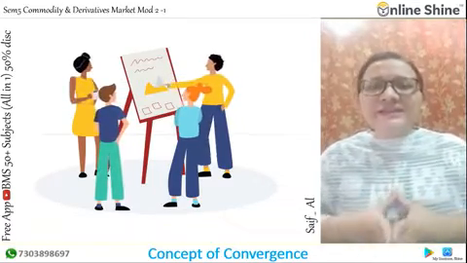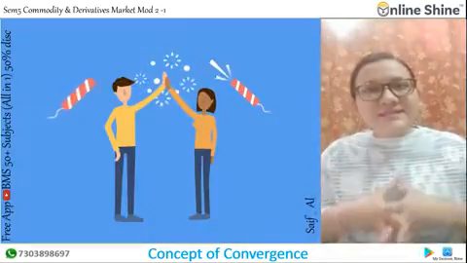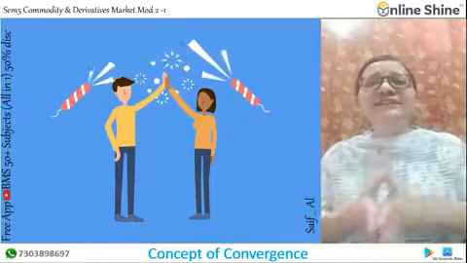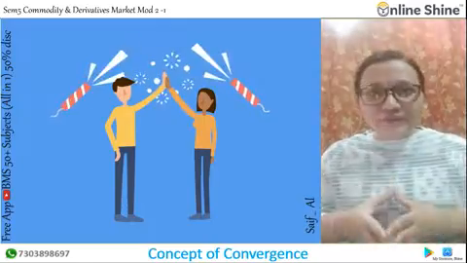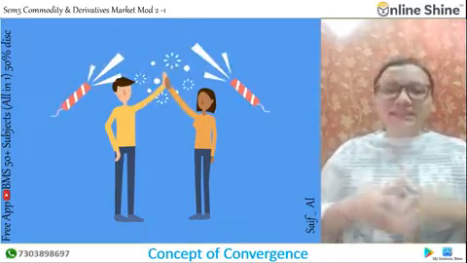It simply means that on the last date, the futures contract can be delivered to fulfill the terms of the contract, and the price of the underlying commodity will be nearly equal.